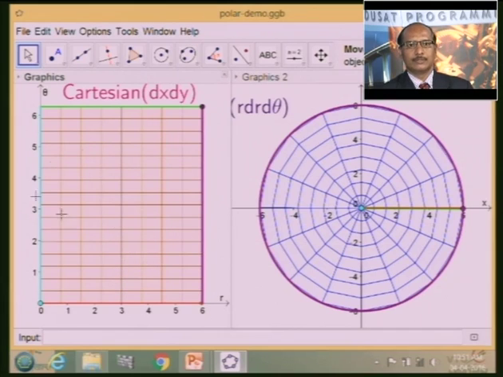Okay. So, it is understood that the rectangular region, that is Cartesian region dx dy, in polar is replaced by r into dr d theta. Each sub region has area r into dr d theta in the polar coordinates. All of those are added according to the Riemann sum, and you will get the total area in the polar coordinates.